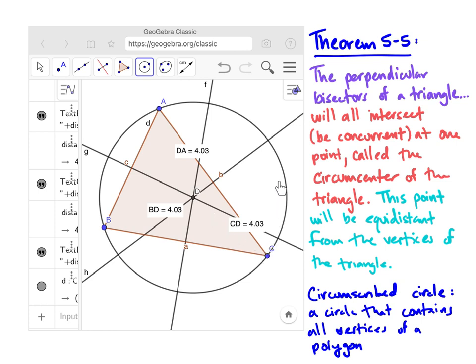So the radius of this circle is 4.03 because I told it to have a center at D and have C on the circle. That distance from D to C, 4.03, is the radius of the circle.